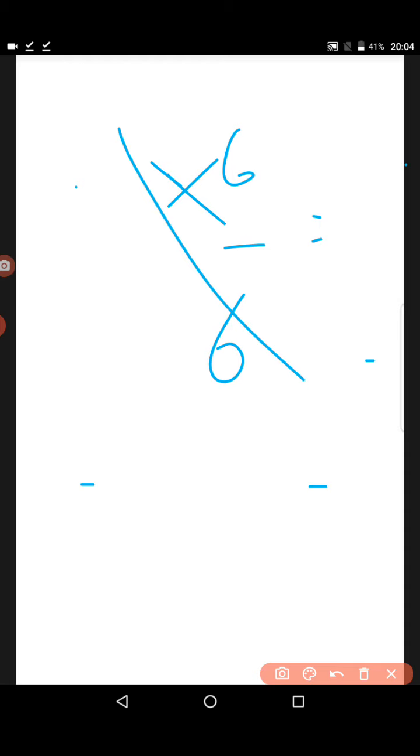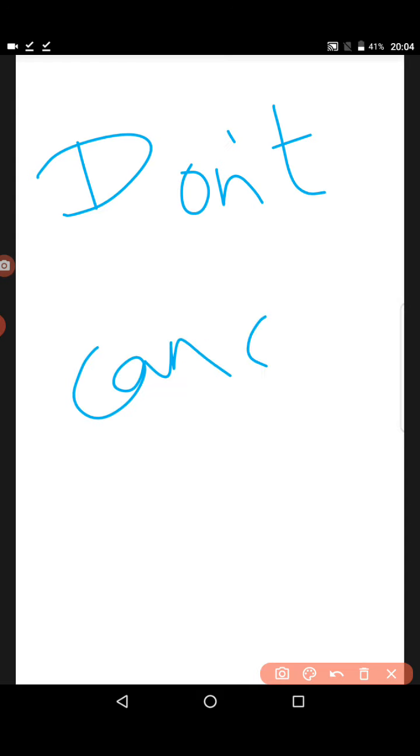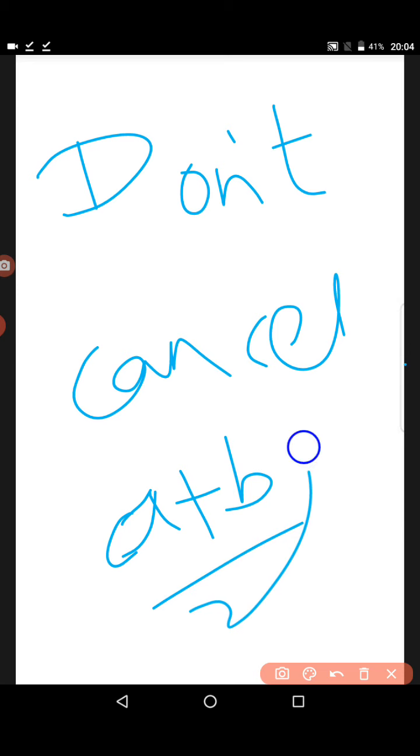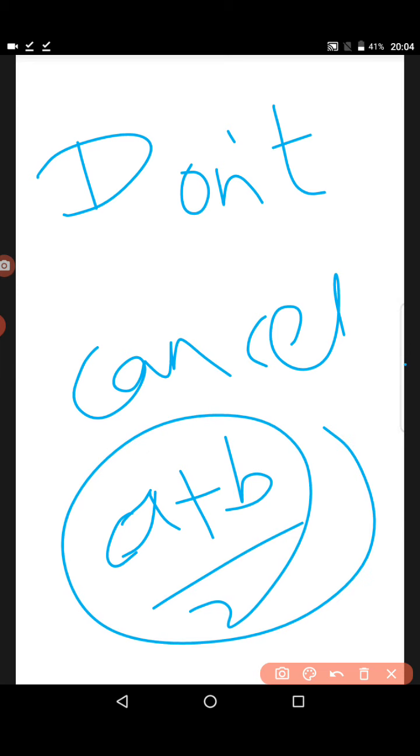Don't cancel, okay? Don't cancel. If you cancel, that will be the original number itself. But I feel this (A plus B) by 2 is very easy. So you can remember this formula, (A plus B) by 2. Very important formula in this chapter. So hope you understood the chapter.